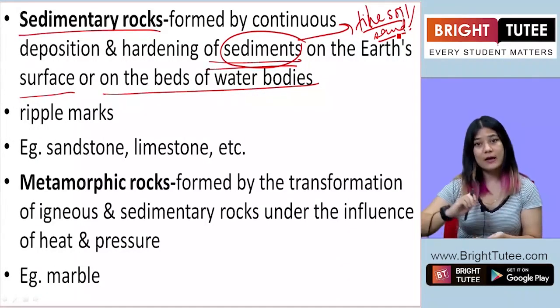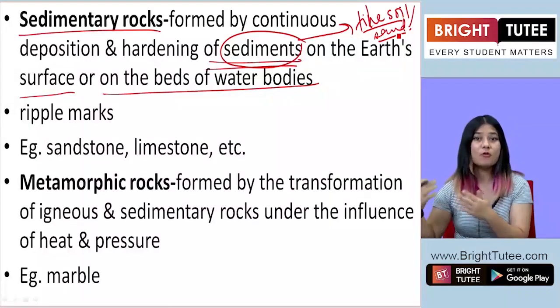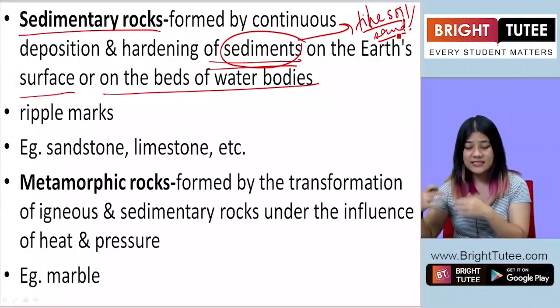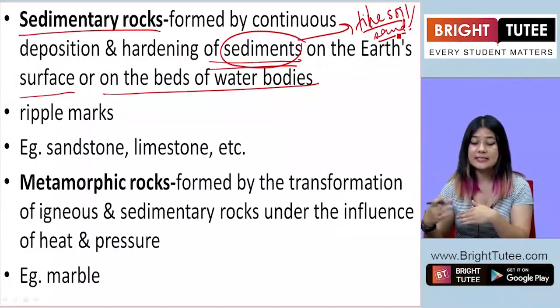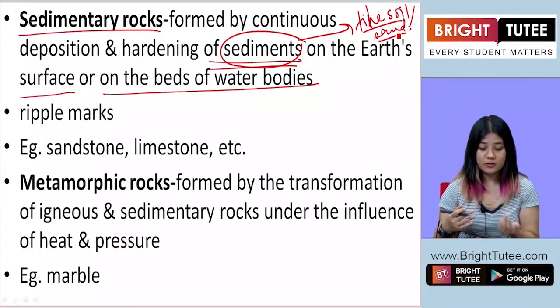So only deposition is not required. After deposition, hardening of that sediment is also required. After that mud, clay, sand, etc. gets hardened, then that is called sedimentary rocks.